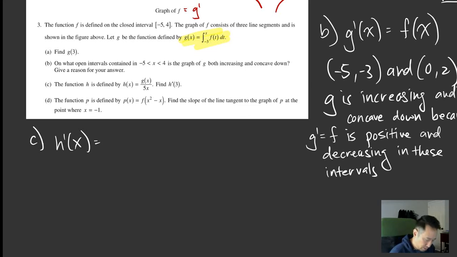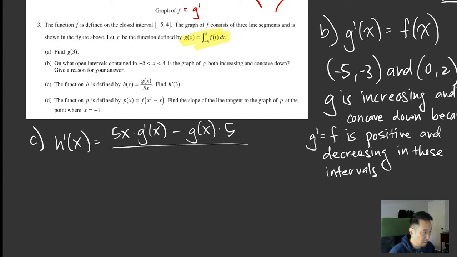So low, which is 5x, times d high, which is g prime of x, times 1, minus high, which is g of x, times d low, well d low isn't that just 5, over low low, which is going to be 5x quantity squared, which is going to be 25x squared, right?